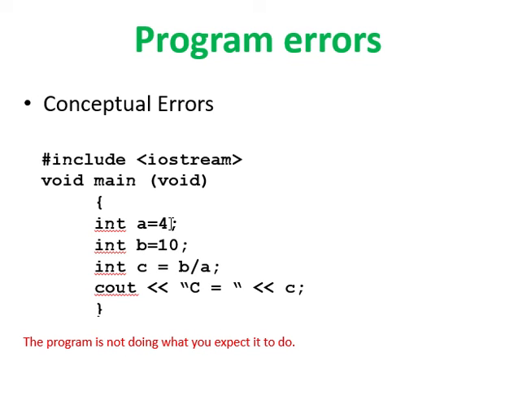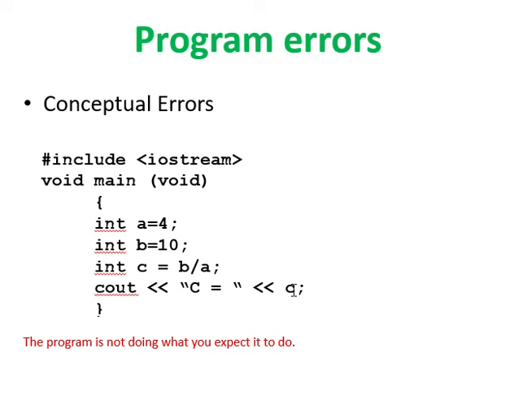Like here is the case: we initialize a equal to 4, b equal to 10, then c equal to b over a, like 10 over 4, and we print out the string with cout.